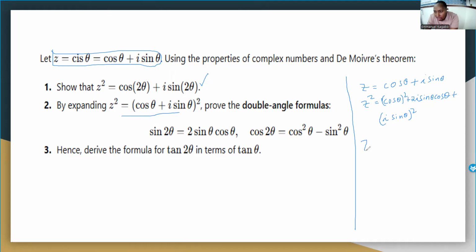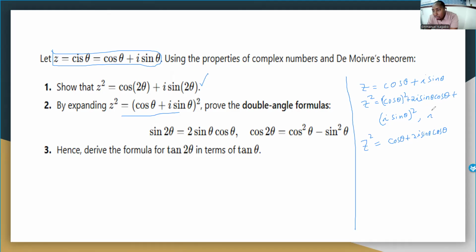Now, what do I get? Z squared equals cos squared theta plus 2i sin theta cos theta. Now, what is i squared? I would like someone to pay attention here.